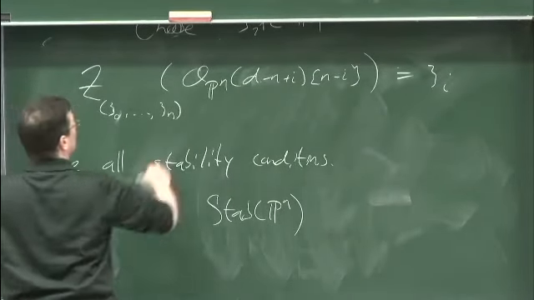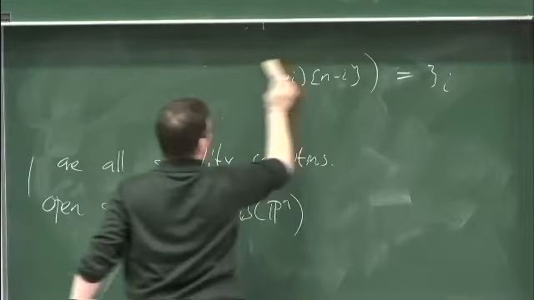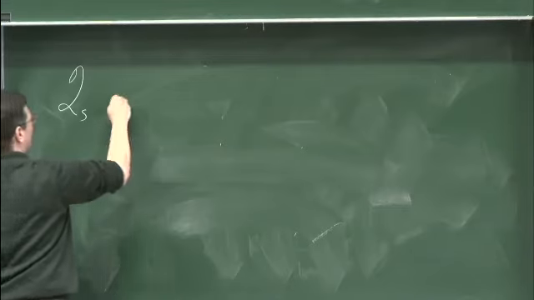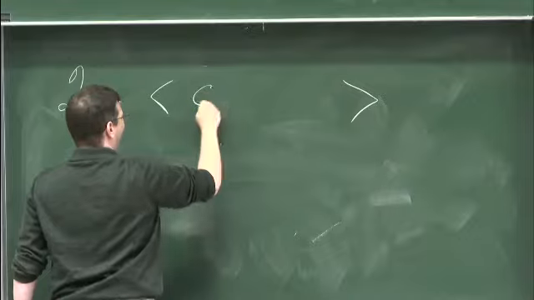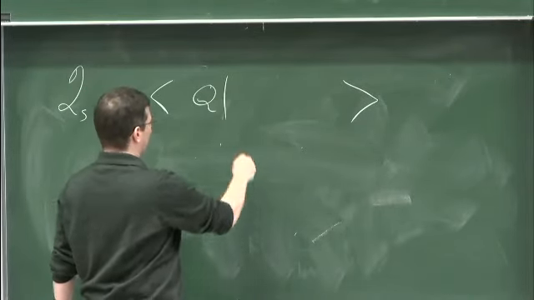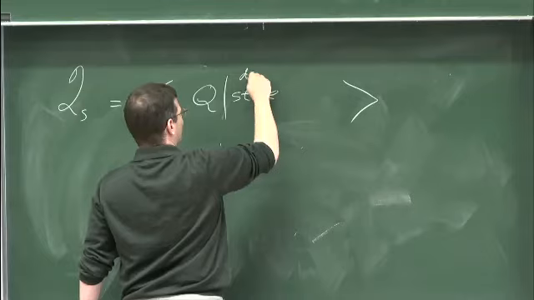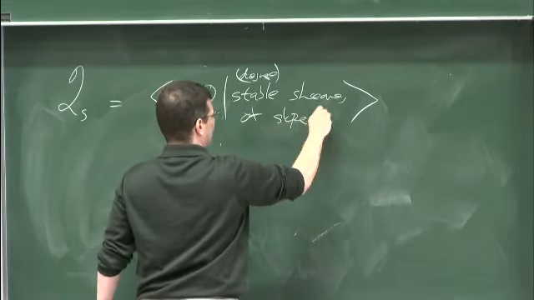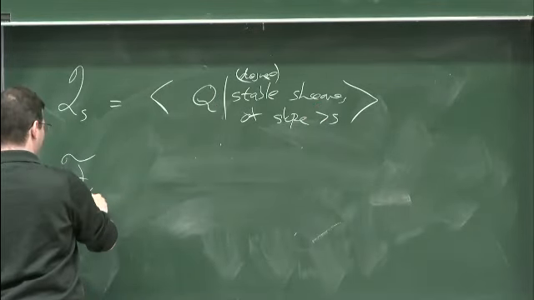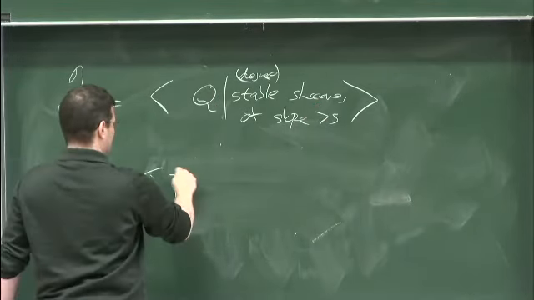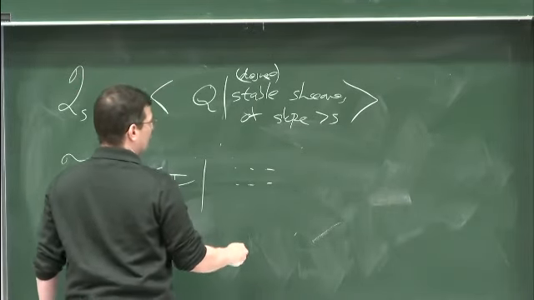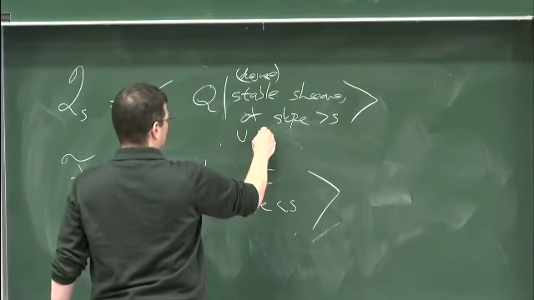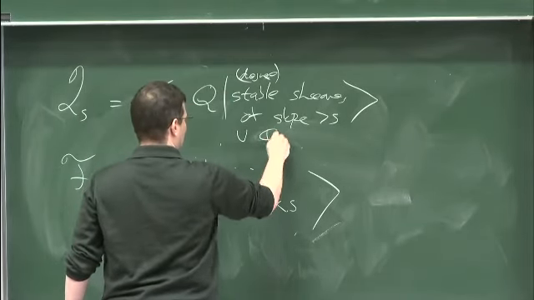So I define Q_s to be the extension closure of all degree stable sheaves of slope bigger than s, and I define F_s to be the extension closure of all degree stable sheaves of slope less than or equal to s, and I guess I have to also union torsion sheaves, skyscraper sheaves.